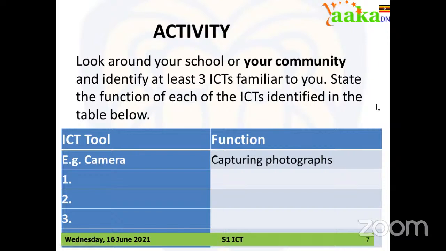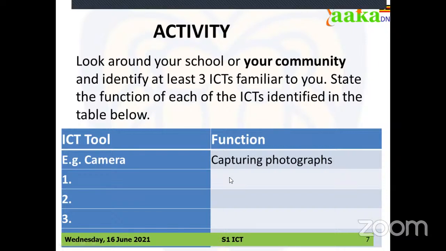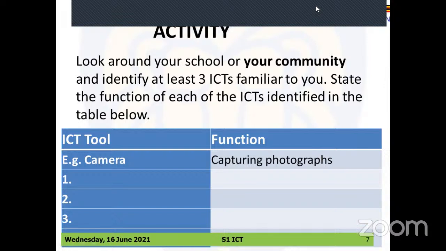We may not use this table, but if you can give a point, I write here, else some of you can send in the chat. Identify one ICT tool, like a camera for capturing photographs, and then we talk about it.